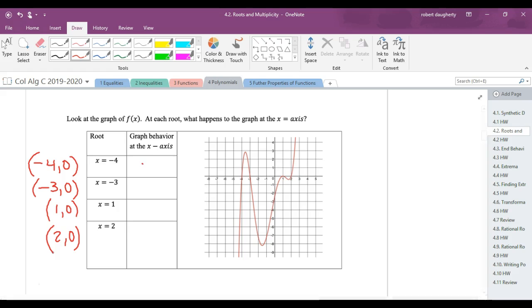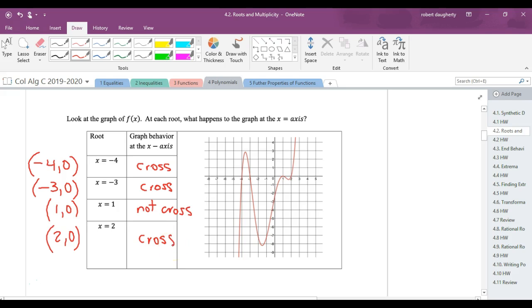At the point negative 4, it crosses the axis, right? What does it do at negative 3? Crosses the axis. What does it do at 1? It does not cross, okay? What does it do at 2? It does cross, right? Okay.